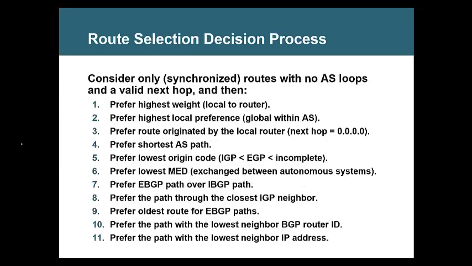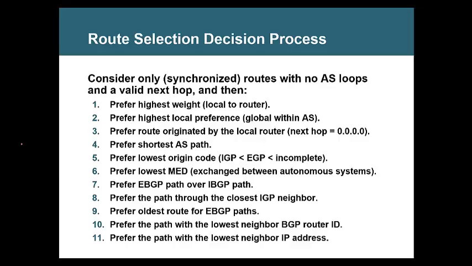Now, this is the sequence in which attributes are checked. When an update comes, it comes with attributes. Likewise, when a packet goes out, this is the sequence in which it is going to check.